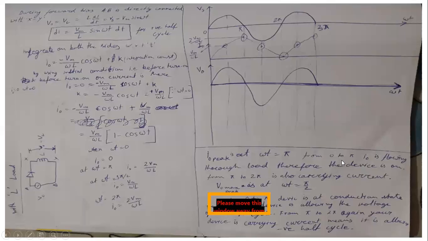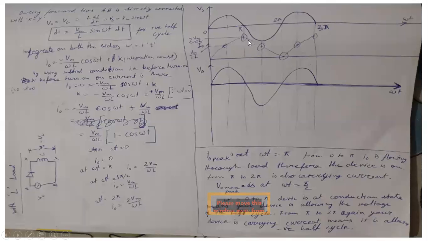So you can see that the current will start conduction from 0, and with the source voltage it will go on increasing with the inductive load, and it will be maximum at pi, and after pi it will try to decrease.